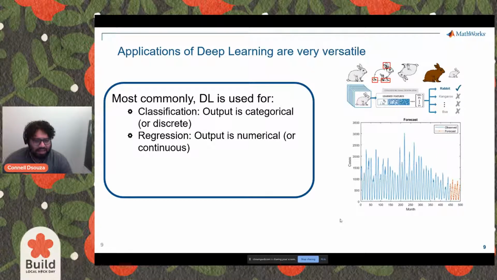The other sort of application is regression. Now, this is when you want to get numerical outputs or something that is continuous. So things like stock market prediction. Your stock ticker chart is essentially a time series chart. You've got some value of the stock price associated with a particular instance in time.